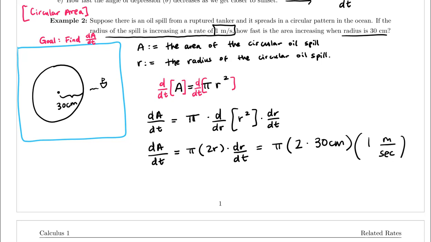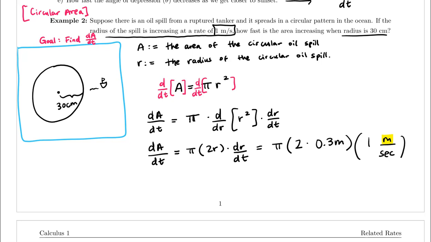Now, you might notice that we're going to run into an issue because our units are not matching up. Notice that here this is centimeters and this is meters, and we need those to be in the same units. So I'm going to convert 30 centimeters. That is the same thing as 0.3 meters. Now we are cooking.